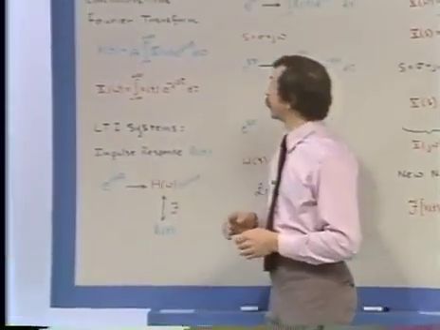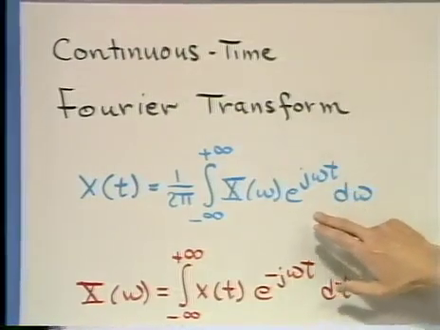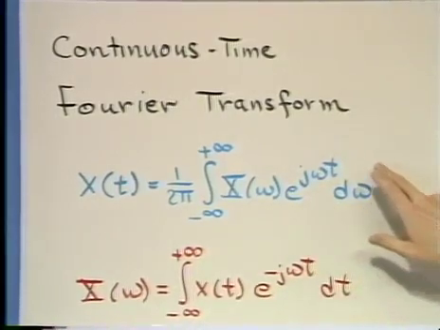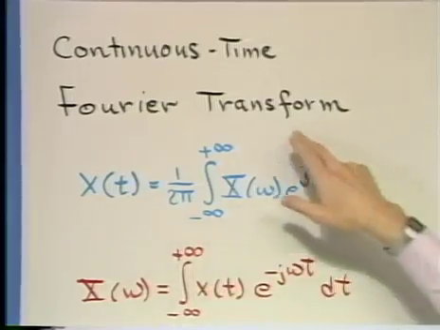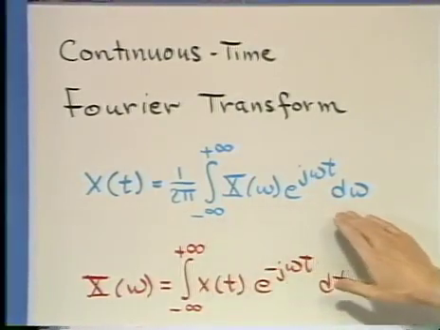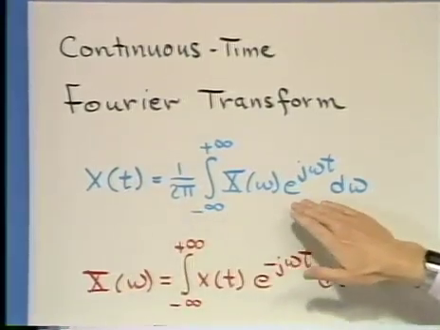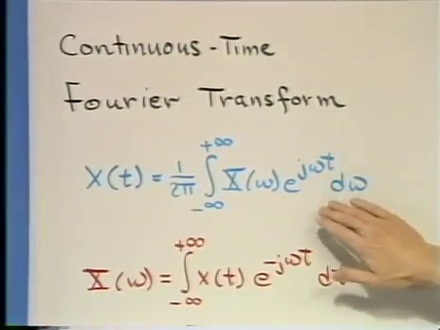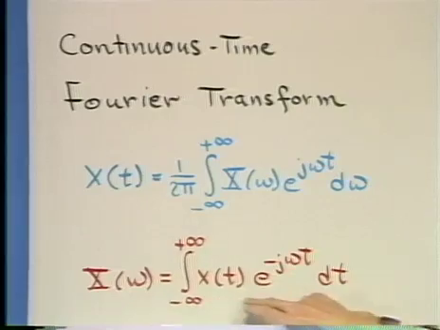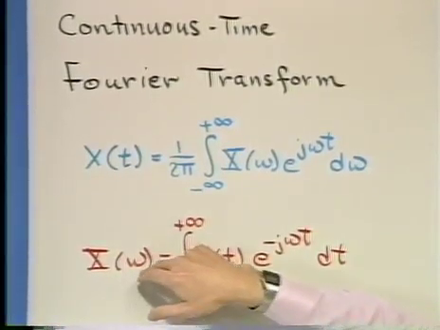And in the Fourier transform, in the continuous time case, the basic signals that we picked in the representation were complex exponentials, and in what we had referred to as the synthesis equation corresponded to, in effect, a decomposition of x of t as a linear combination of complex exponentials. And of course, associated with this was the corresponding analysis equation that in effect gave us the amplitudes associated with the complex exponentials.